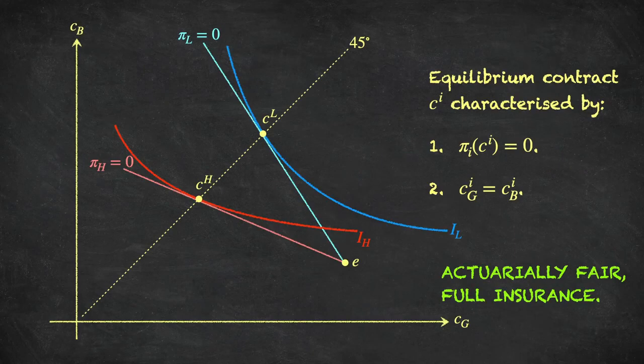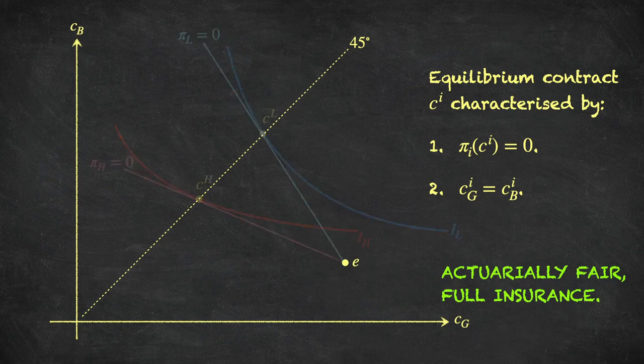We know that an equilibrium is characterized by the condition that the contract must lie on the zero profit line, and for the case of type X, the consumers that don't know their type, the zero profit line will be this purple line denoted pi subscript X equals 0 that passes through the endowment.